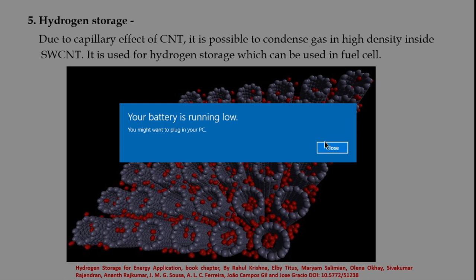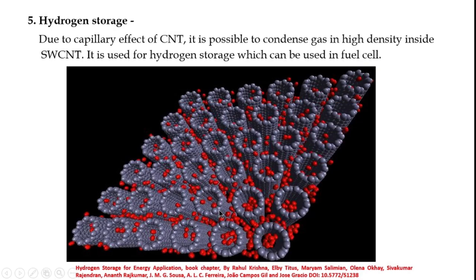Plus, due to the tube structure, the carbon nanotubes show capillary action, and thus hydrogen molecules can be inserted inside the carbon nanotube, as well as remain on the surface of carbon nanotubes, and thus we can use these carbon nanotubes for hydrogen storage.